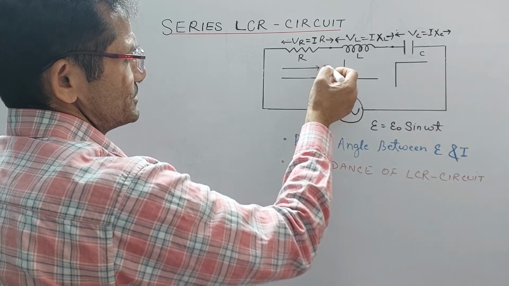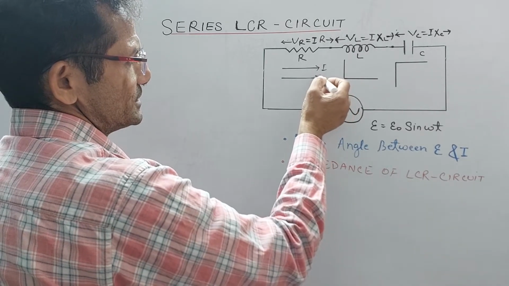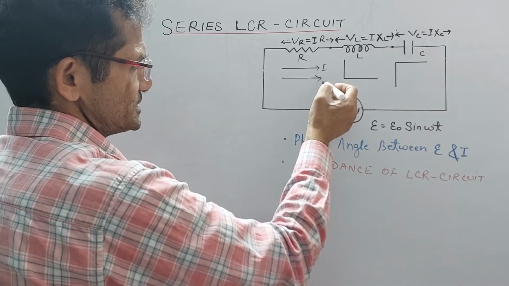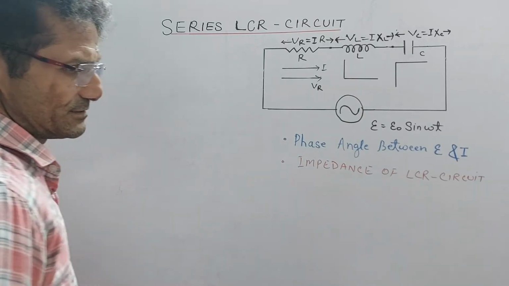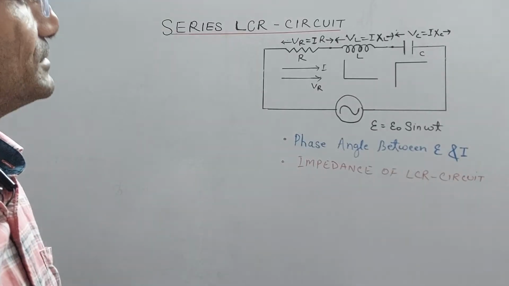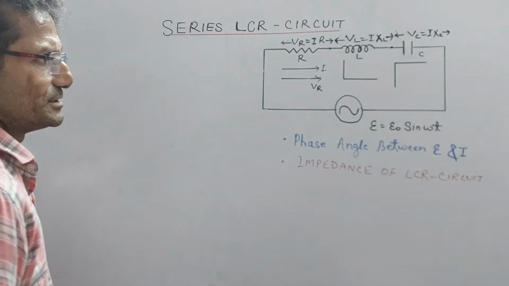Let us suppose this is our current, and the voltage across the resistor is VR. They are in the same direction because they are in the same phase.